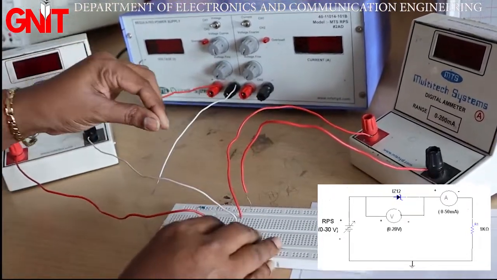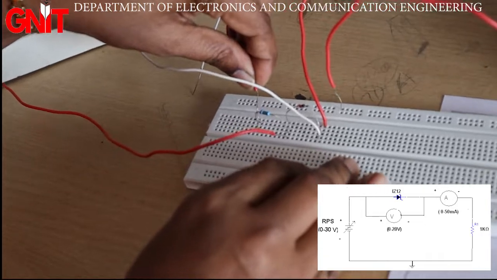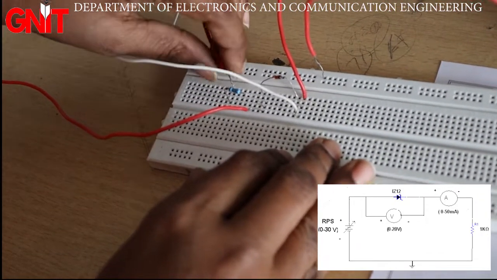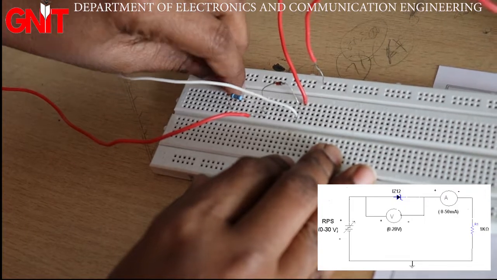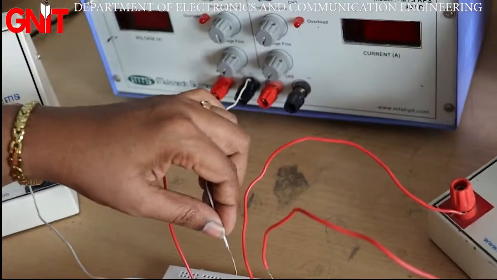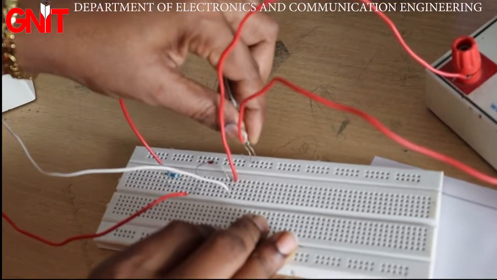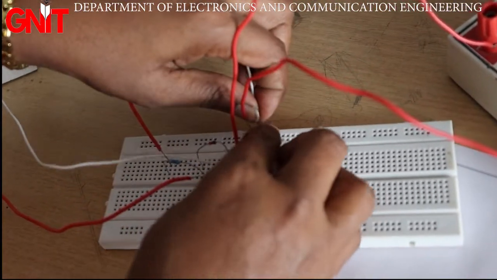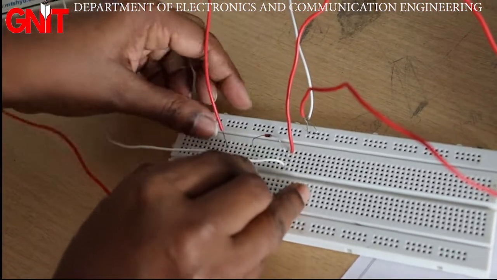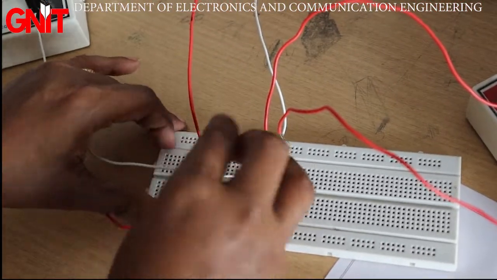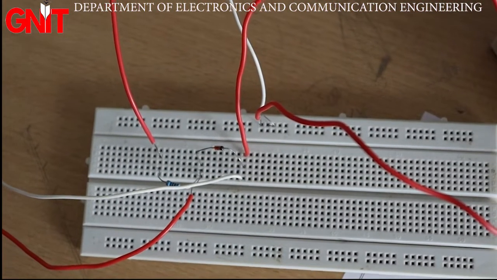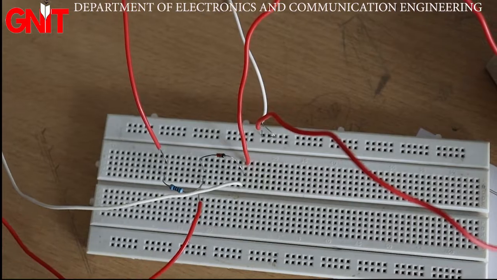The positive terminal is connected to the anode of the diode through this resistor. And the negative terminal of the supply is connected to the ground. Make sure the connection is properly done. This is the circuit diagram.